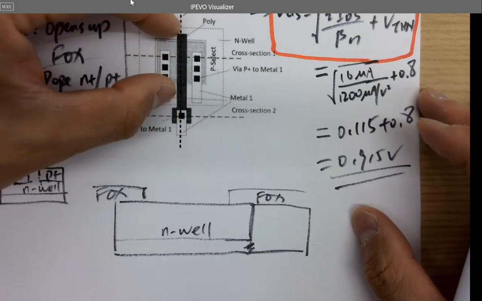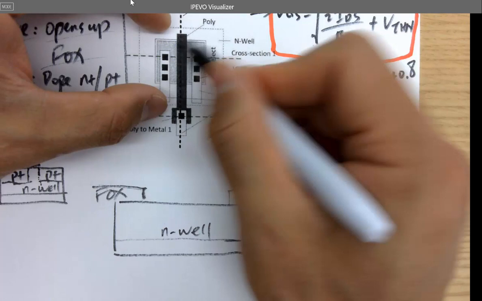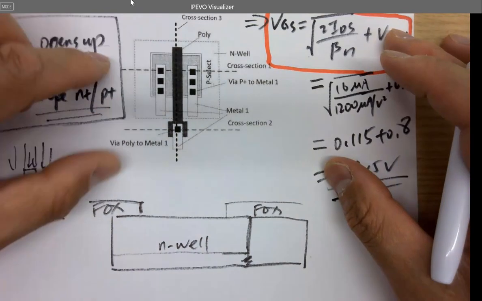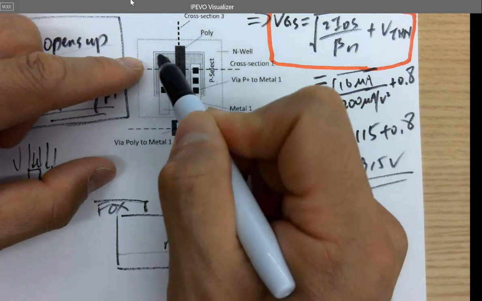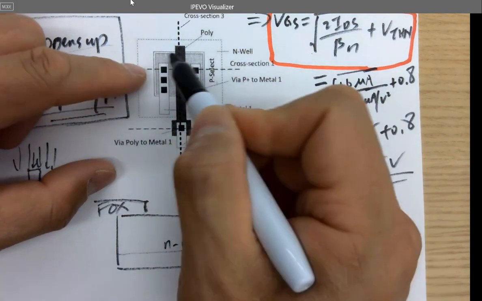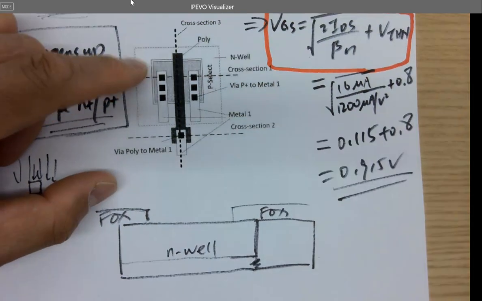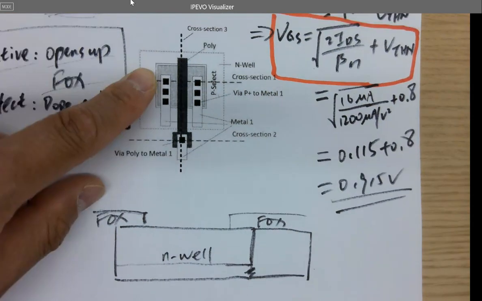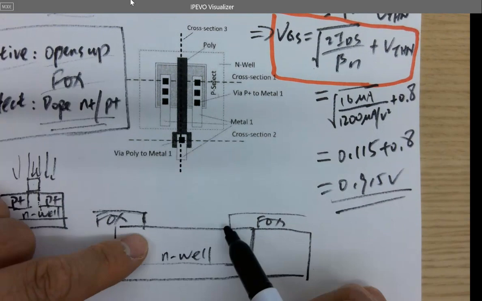Because Fox is only in a, so P select and P active, which one is larger? Remember from the homework, you got two boxes here, did you see? One is a solid gray color, another one is slightly bigger than that. Which is bigger, the active or the select? The select is bigger, right? Okay. So this is the active layer, so open it up.